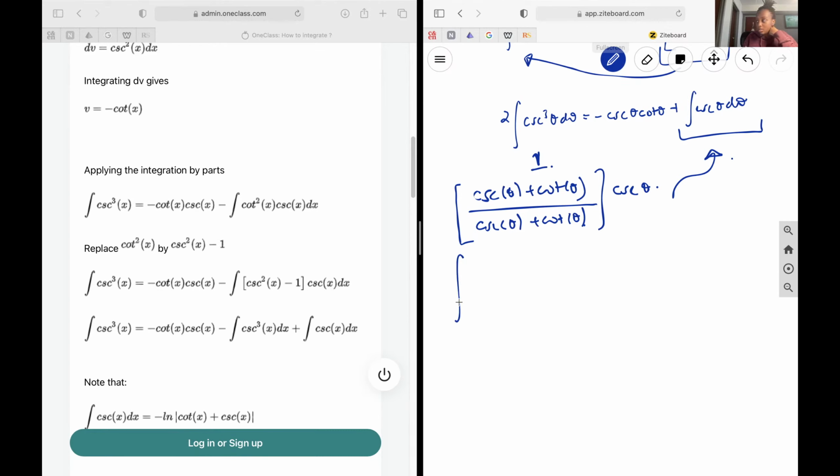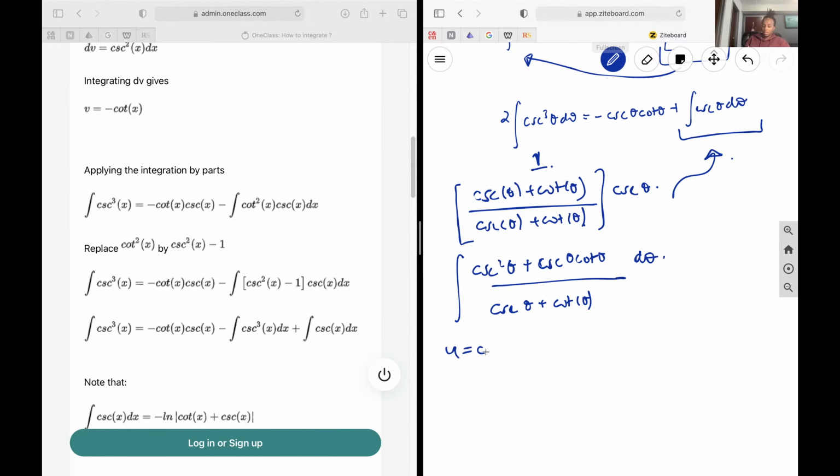And so we'll get the integral of cosecant squared theta plus cosecant theta cotangent theta all over cosecant theta plus cotangent theta d theta. And then we're going to make a substitution here.